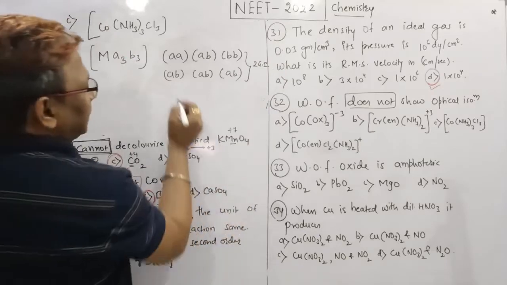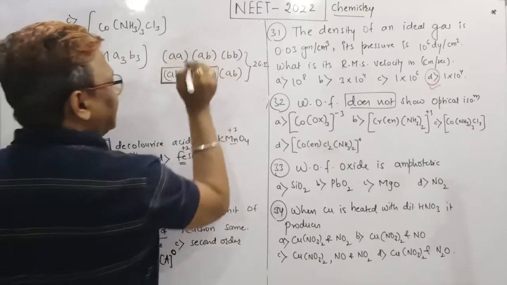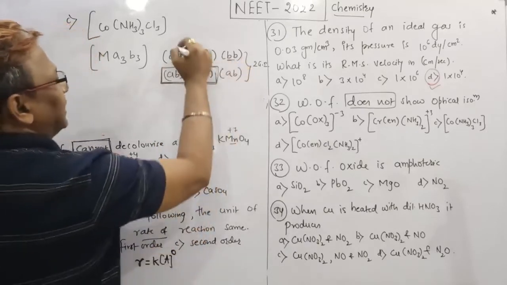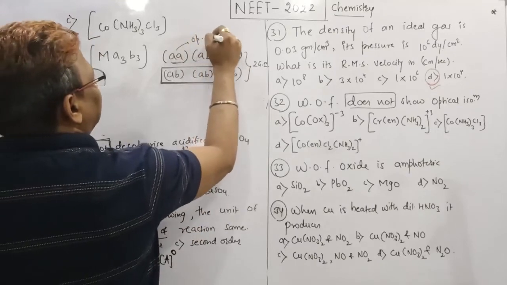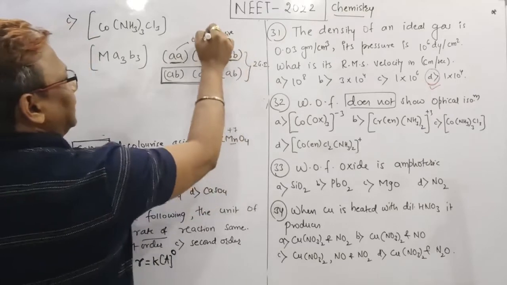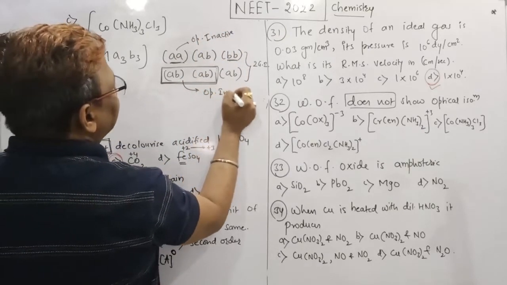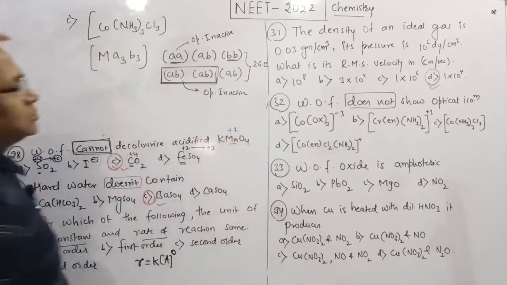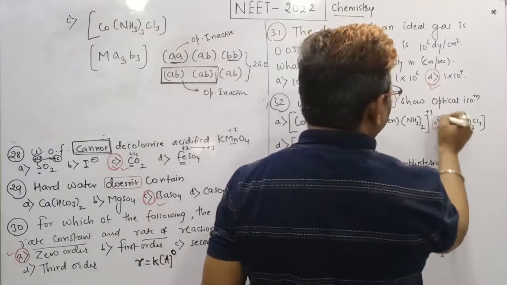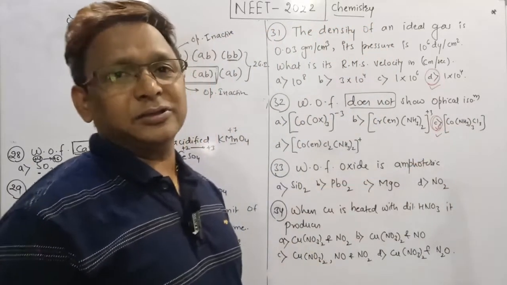But in that there is one rule: whenever pairs are repeating, like an AB pair repeating, or an AA or BB pair repeating, that compound is optically inactive. See, BB is there, optically inactive. AB pair repeating also becomes optically inactive. So I can say it does not show optical isomerism, meaning option C. It can show geometrical isomerism, but it cannot show optical isomerism.